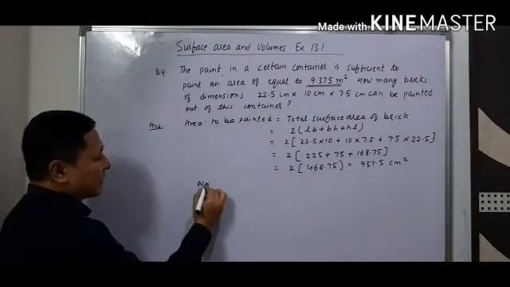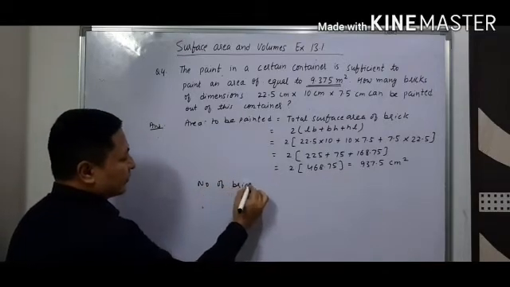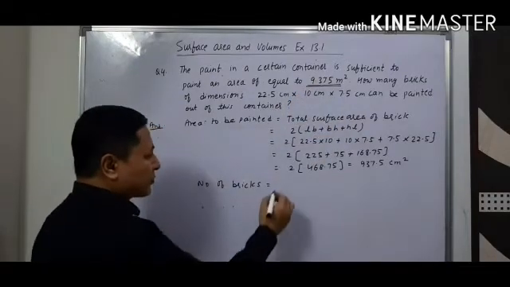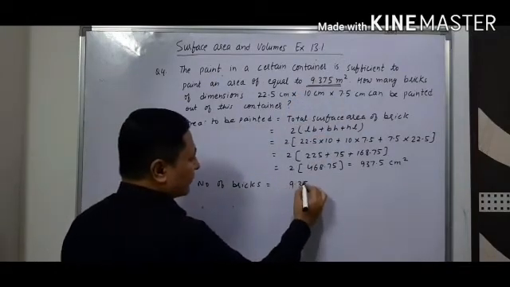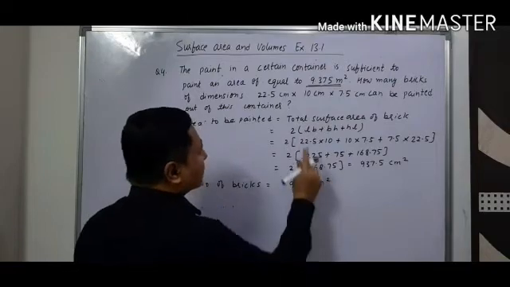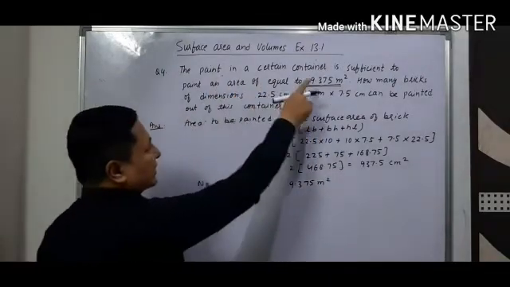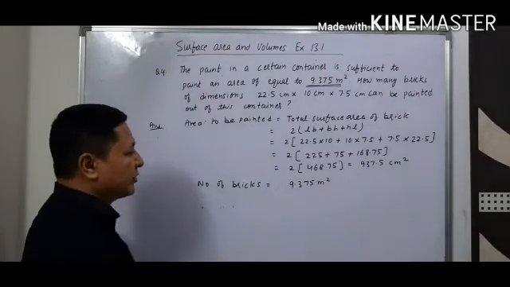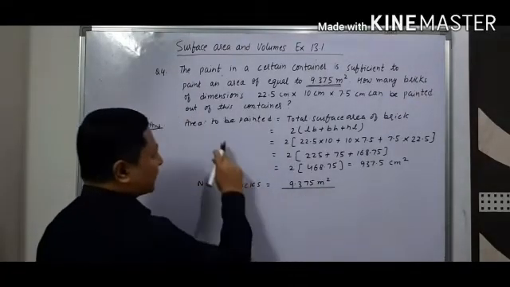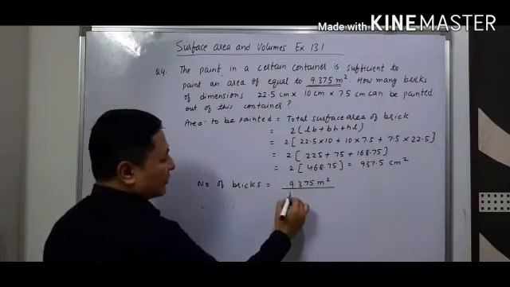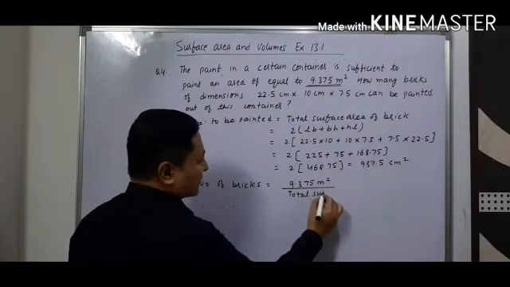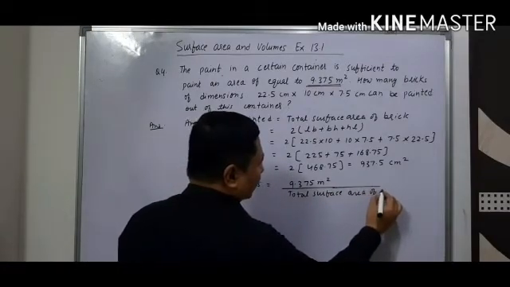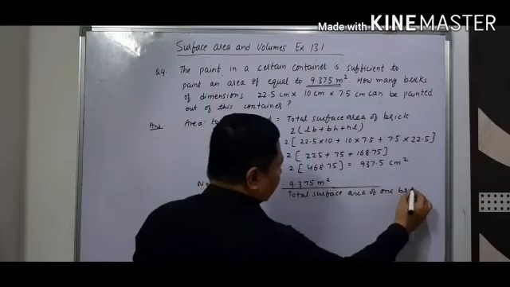Now we have to find the number of bricks. So the number of bricks that can be painted will be equal to 9.375 meters square, because in the question it is given that the paint in a certain container is sufficient to paint an area equal to 9.375 meters square, divided by the total surface area of one brick, and that we have already calculated.